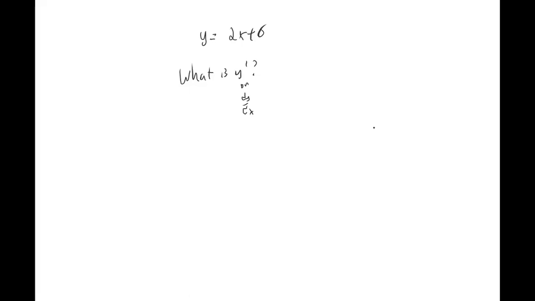So what if it's not? What if it's like this? Then if I asked you what is y prime, what would you do? Well, I can't use product and quotient rule a priori. I need to write y in terms of x.